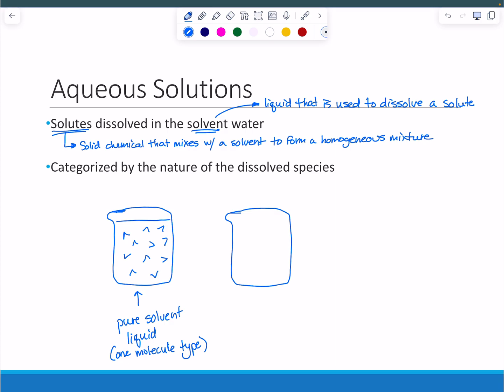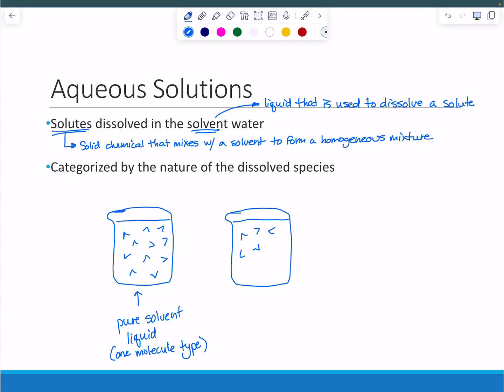All right, so what happens, and I'm going to draw a third beaker here. So we could have a molecule that is going to mix well with our solvent. I will have my water molecules.